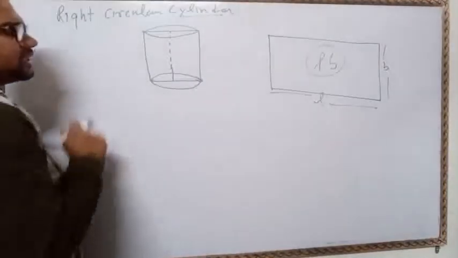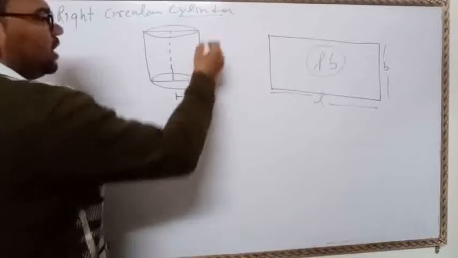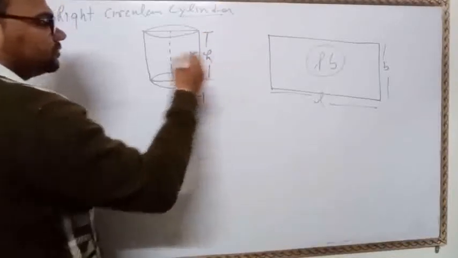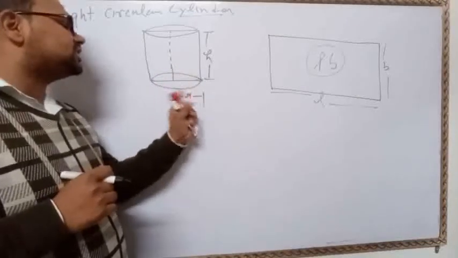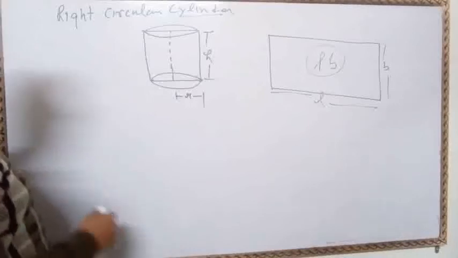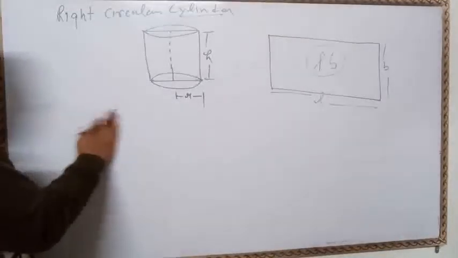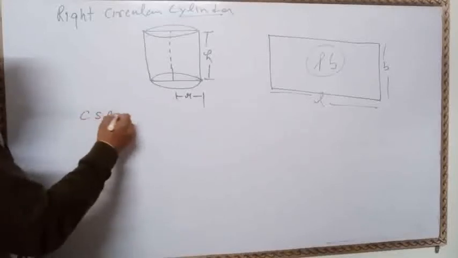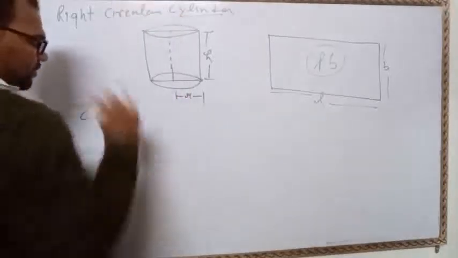Now we will discuss the cylinder. Suppose the radius of the circular base is r and height is h. First of all, lateral surface area. Lateral surface area means curved surface area, where we do not add the circular parts.